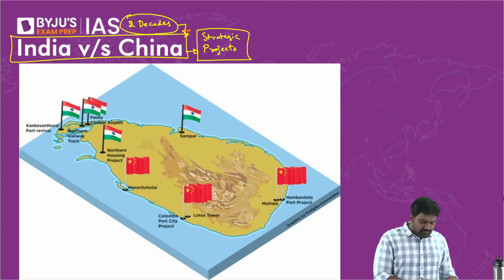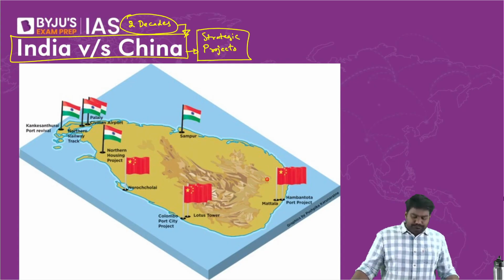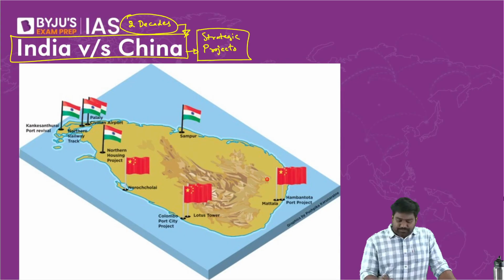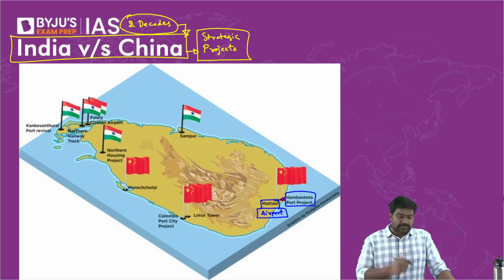So let's take a look at them. Let's see what kind of projects are going on in Sri Lanka. So let's first talk about the Chinese projects, and then I'll come to the Indian projects. Can you see Hambantota port over here in southern Sri Lanka and the Mattala airport? The Mattala airport, which is right next to Hambantota port at the southern tip.